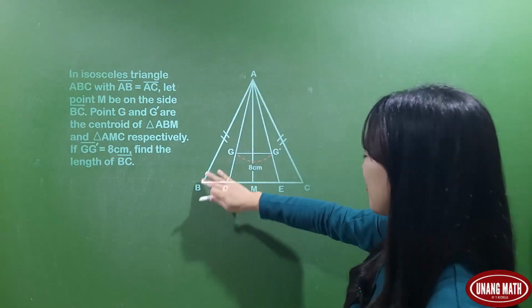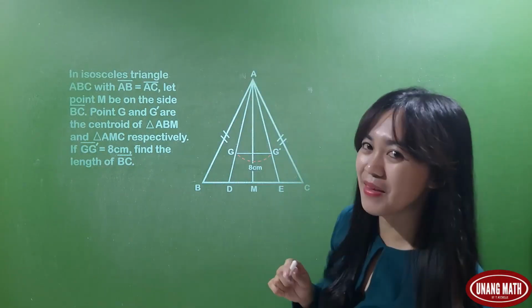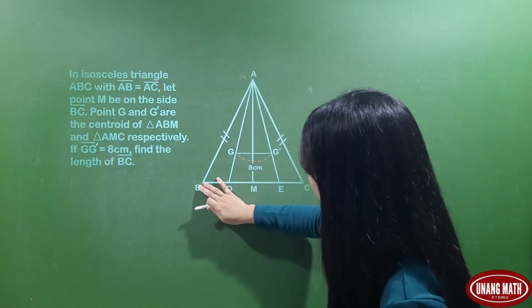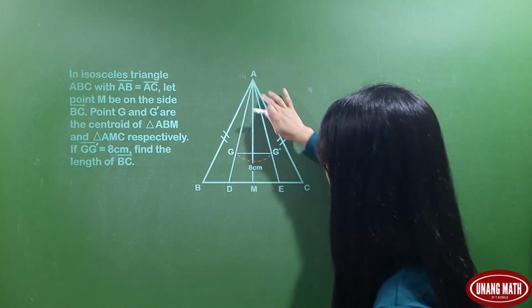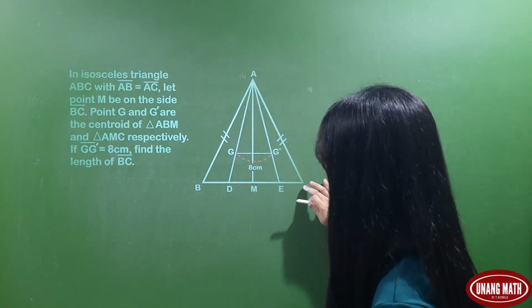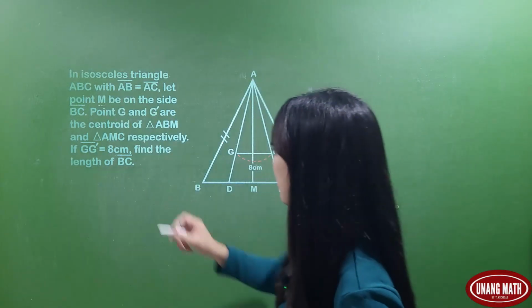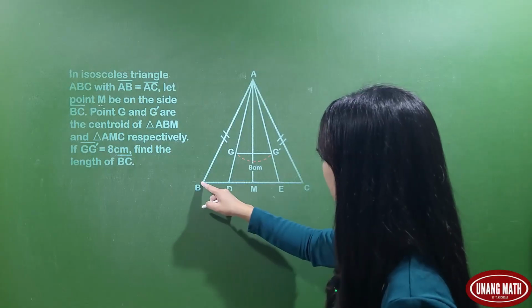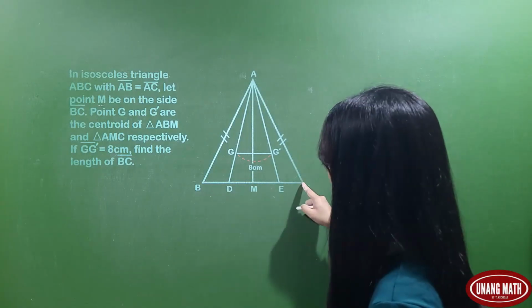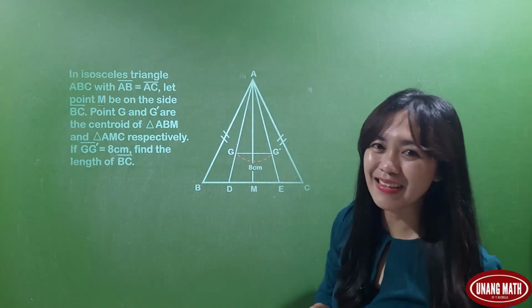So this is our isosceles triangle ABC. This side, or segment AB, is the same length as segment AC. It's also given that point M is on this side or on this segment BC.